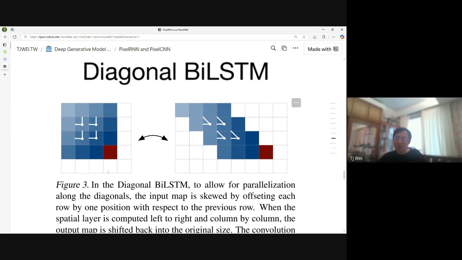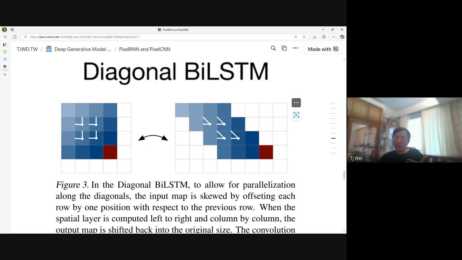If you look at this image, it is not directly usable for diagonal BiLSTM, because if we simply generate row by row, it will be similar. I mean, this one should be generated later on, or like this one. What we have to generate before this pixel is all the lighter ones.